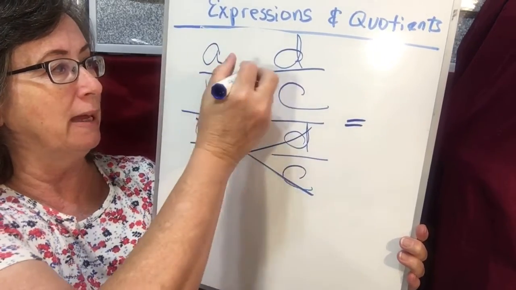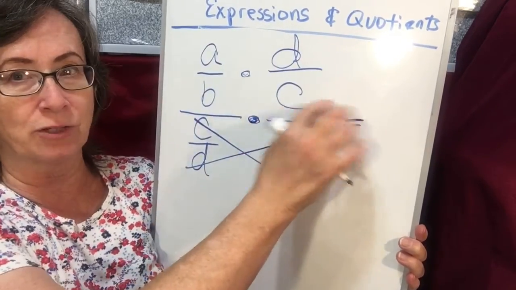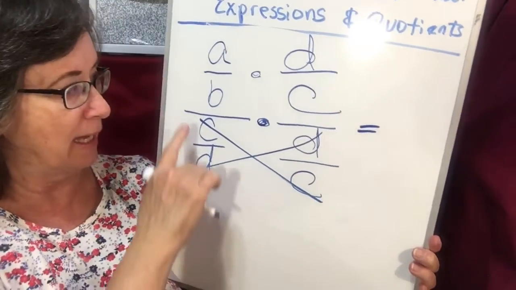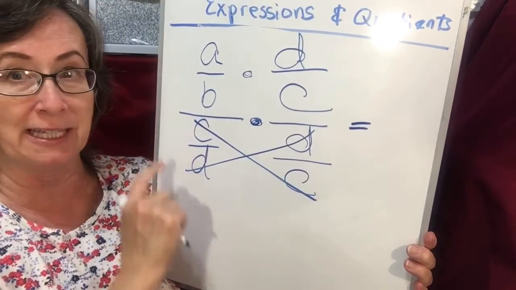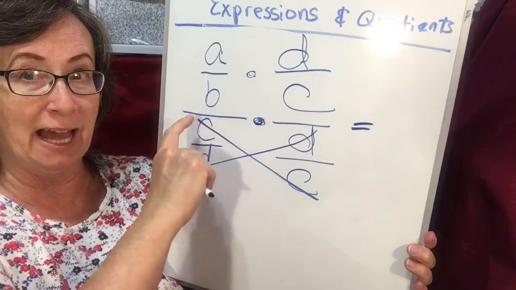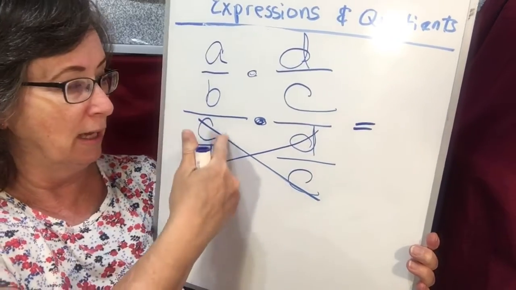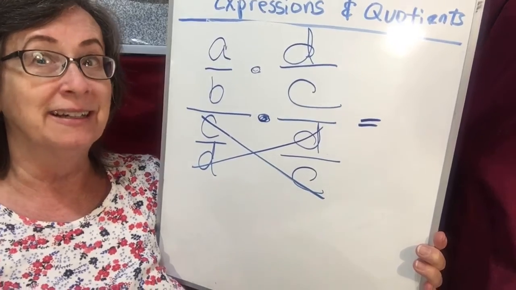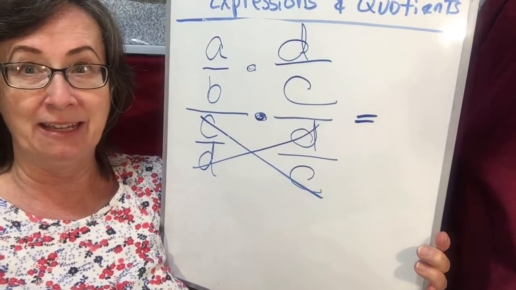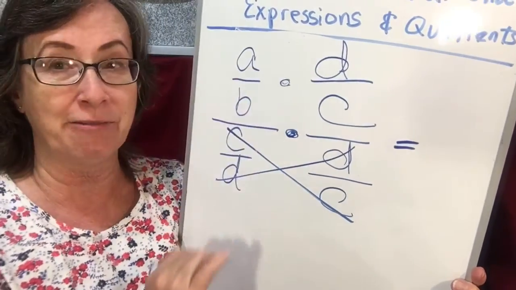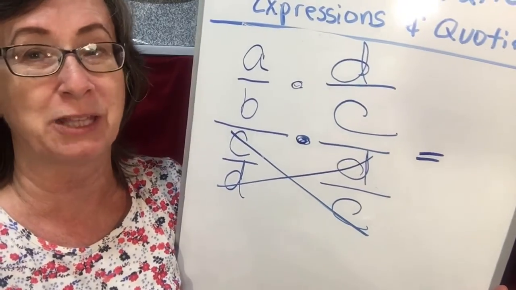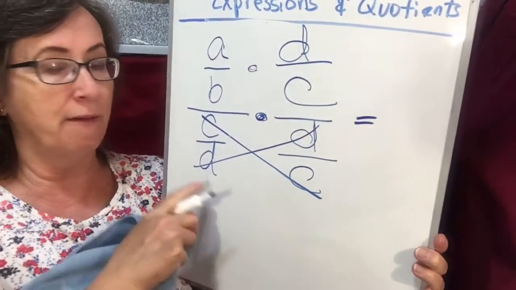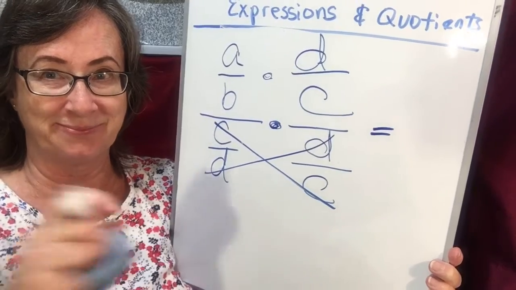A over b times d over c is the same thing as a over b divided by c over d. So can you see how I took the reciprocal of c over d and multiplied by it? And so that's the rule. When we're dividing by a fraction, we're multiplying by the reciprocal of the divisor.